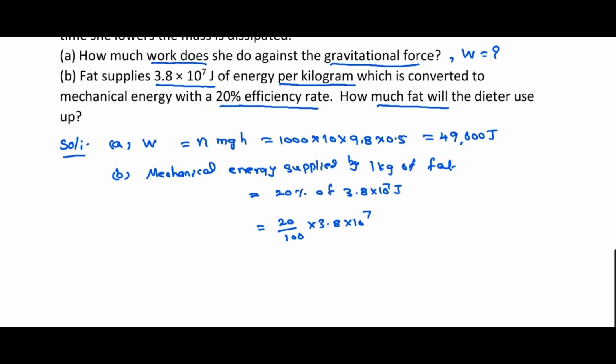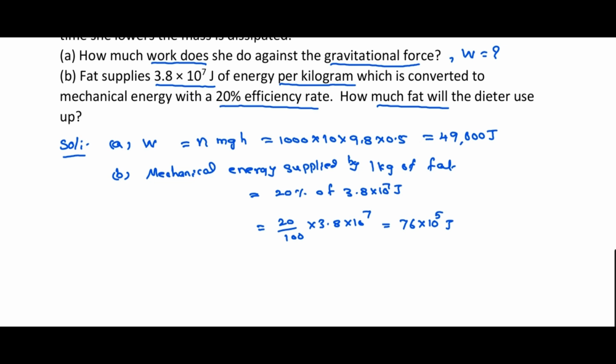After simplification, we will get 76 into 10 power 5 joule. Observe carefully, A is in terms of joule, and this is also in terms of joule. Both have the same units.